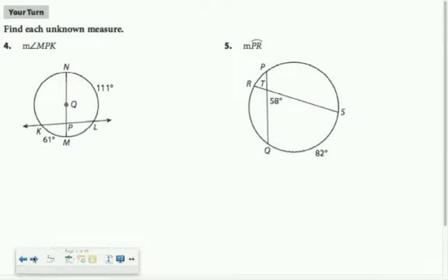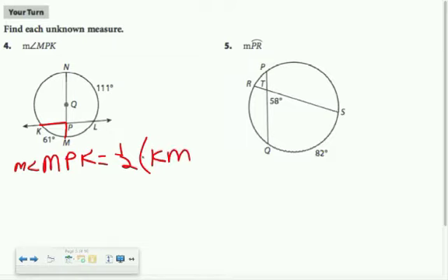Here I'm asked for angle MPK. Let's trace it. It's this angle. It will equal half of the sum of the two arcs, which are KM and NL.